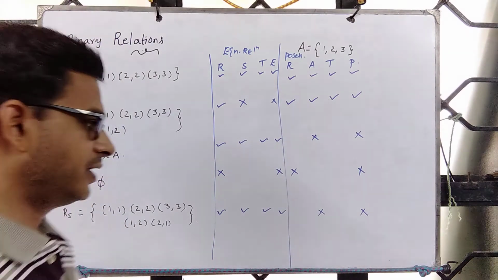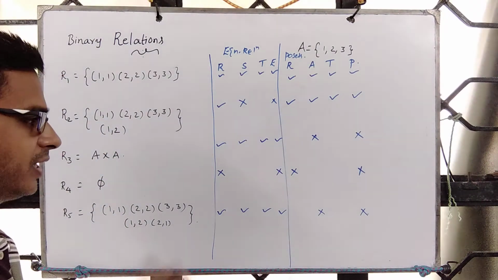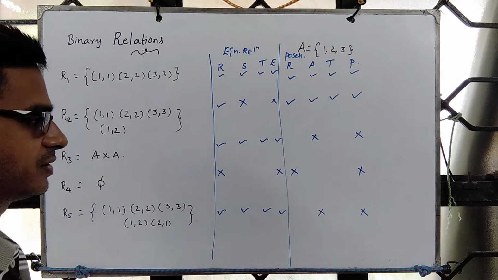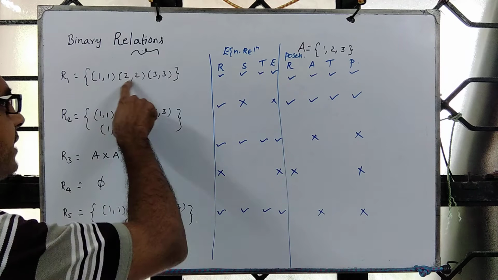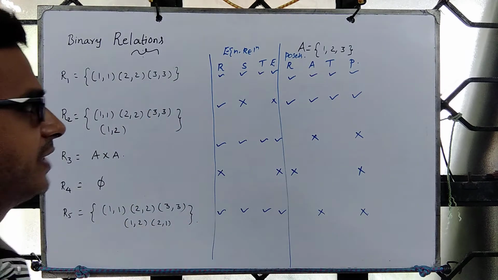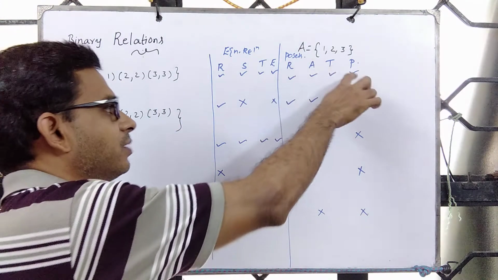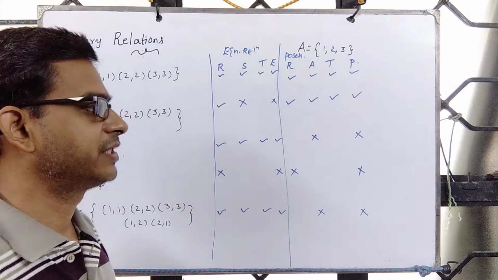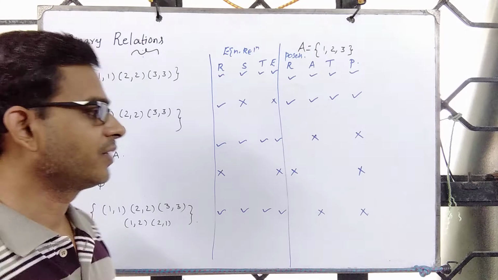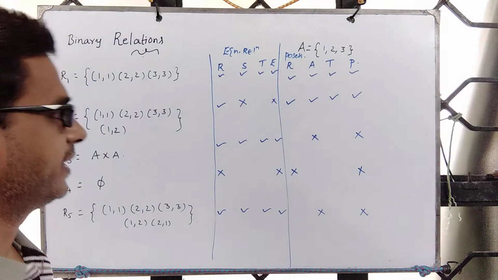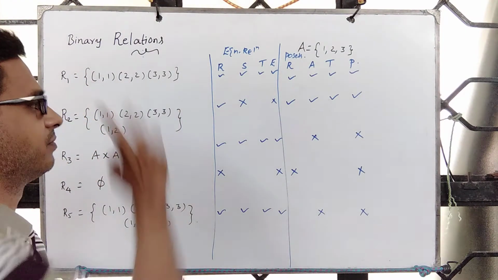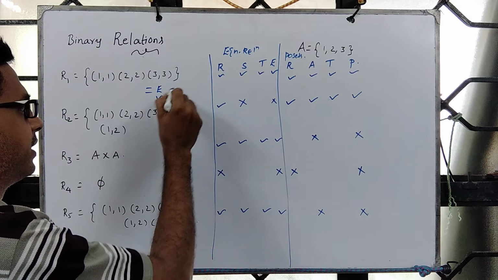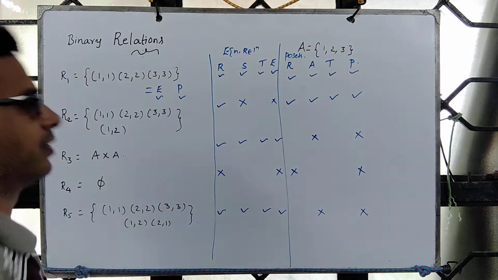So in some sense it tells you that if a relation contains only pairs where a and b are the same, such a relation satisfies both the equivalence property as well as the partial order property. And how many such relations are there? It is exactly one. This is the only relation which is both an equivalence relation and a partial order.